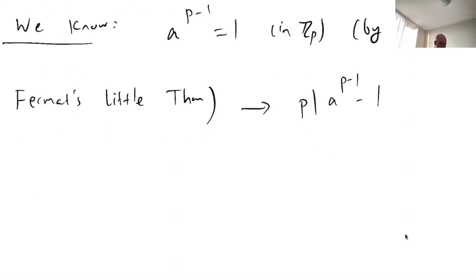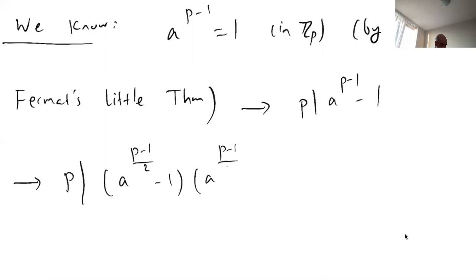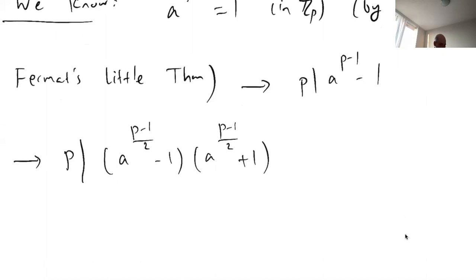So A to power P minus 1 divisible by P, then I want to write this one as A to power P minus 1 over 2 minus 1 times A to power P minus 1 over 2 plus 1. See? X minus y times x plus y is equal to x squared minus y squared, right?